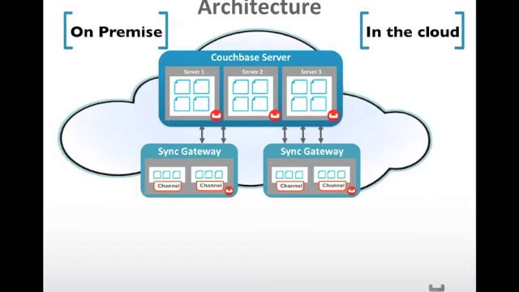They're all stateless, so they can be restarted or moved around at will without impacting the quality of service, as long as you have enough of them for the traffic you're trying to drive. So these Sync Gateways are stateless processes that connect to an event feed, which we'll get into in more detail in a second, from Couchbase Server, and then provide those events on document change out to mobile devices.